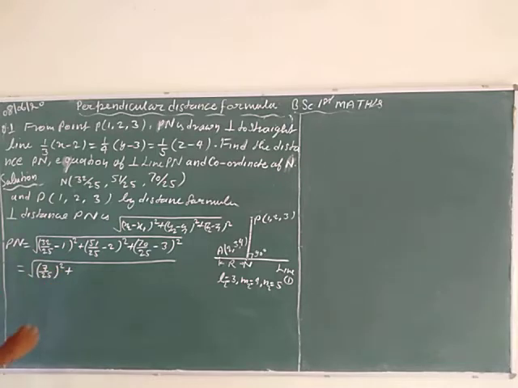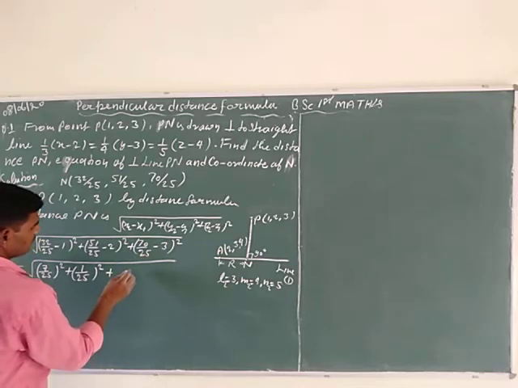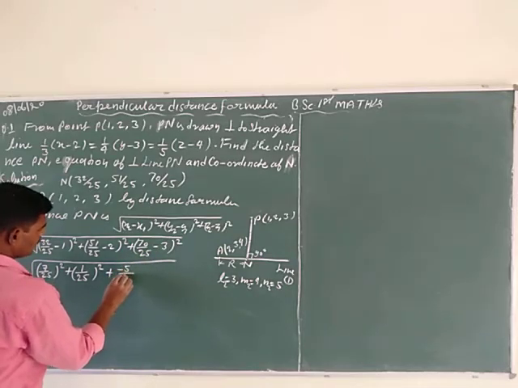Plus here, 51/25 minus 2 is (51 minus 50)/25, which is 1/25, since 51 is greater than 50, so (1/25) whole square. Plus here, 70/25 minus 3 is (70 minus 75)/25, which is minus 5/25, since 75 is greater than 70, so (minus 5/25) whole square.